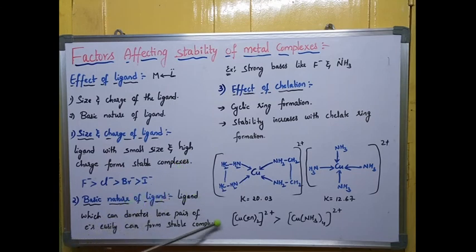Because of this, the stability of the Cu en2 complex is more when compared to the normal Cu NH3 complex. Here the stability constant you can observe is 20.03, and here you can observe 12.67. So 20.03 is more when compared to 12.67. Because of this, the stability constant is higher for the en2 complex when compared to the NH3 complex. This is about the effect of chelation and the effect of ligand.